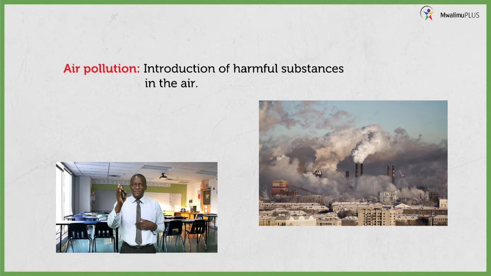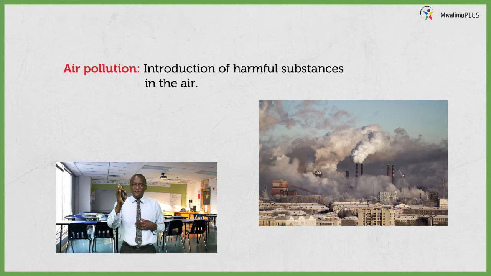So air pollution is the introduction of harmful substances in the environment, just as you can see from the screen there. We have so many substances that can pollute the environment, but we are going to talk about them later on in the course of this lesson.